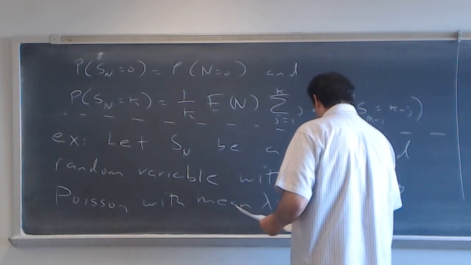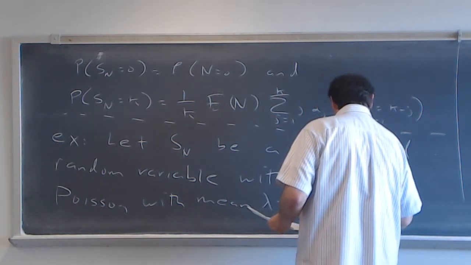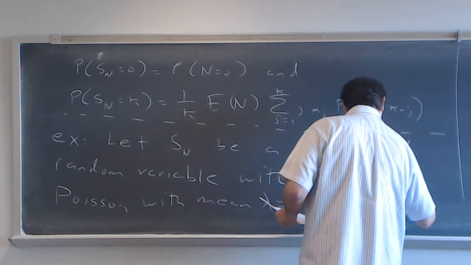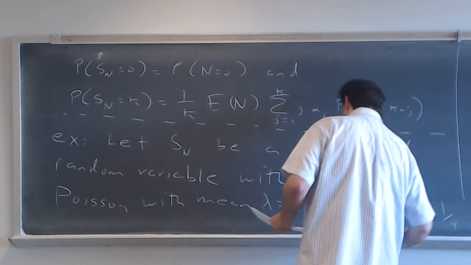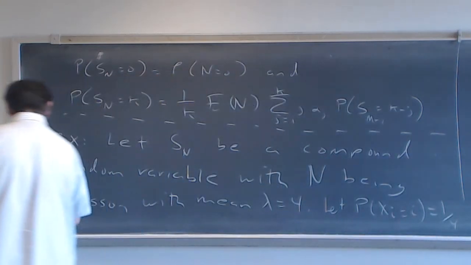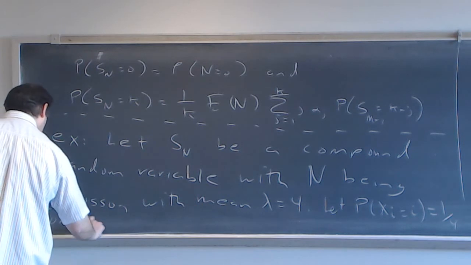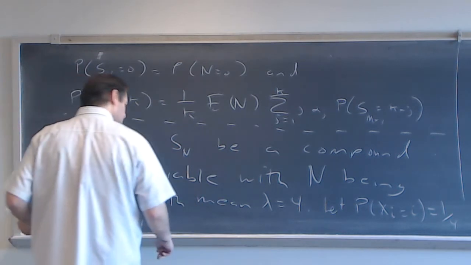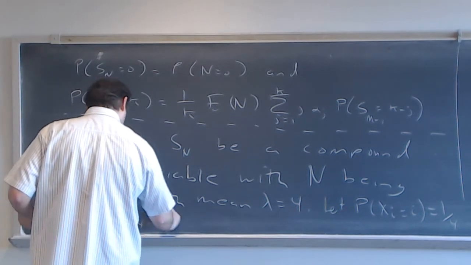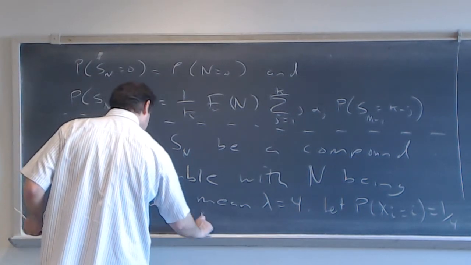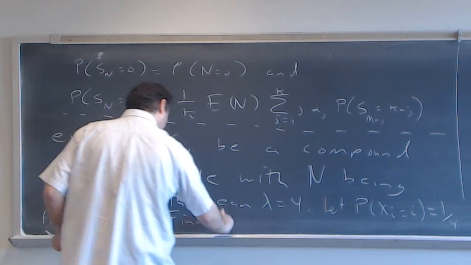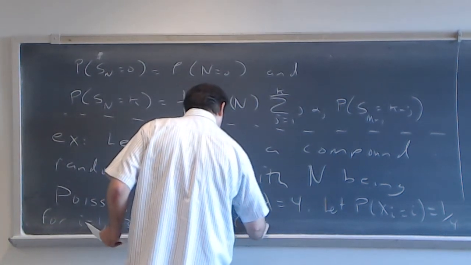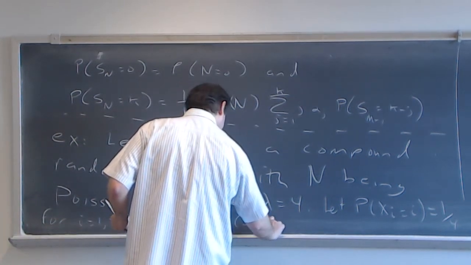We're going to let P of X_i equal 1/4 for i equal 1, 2, 3, 4. And what we're going to do is find the probability that S_N is equal to 5.